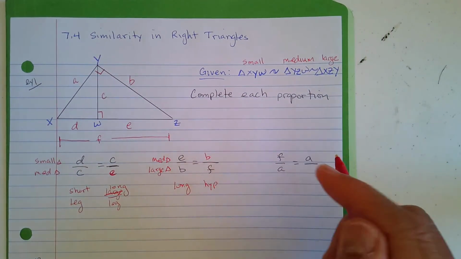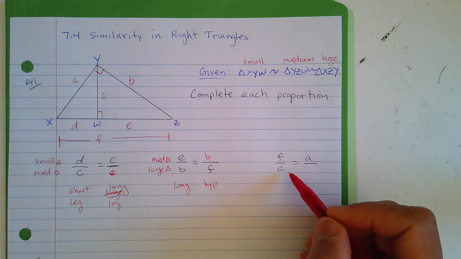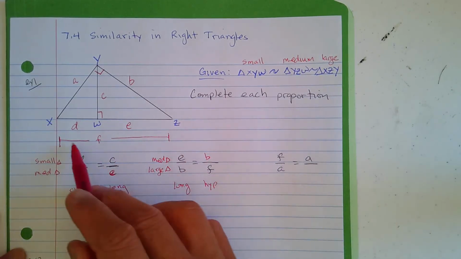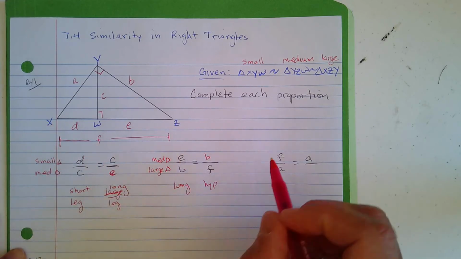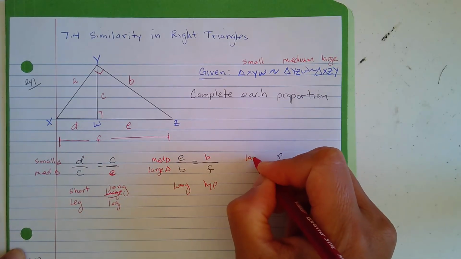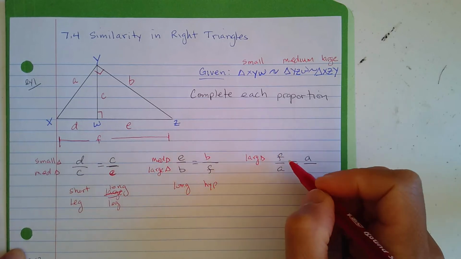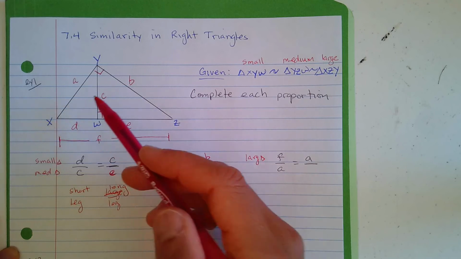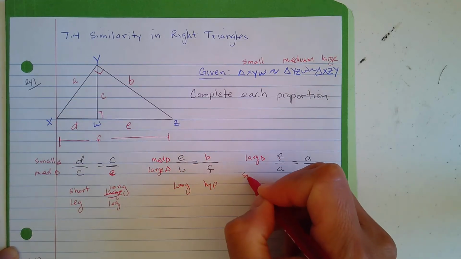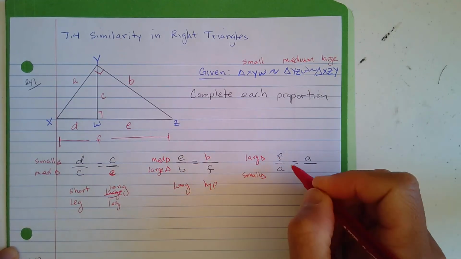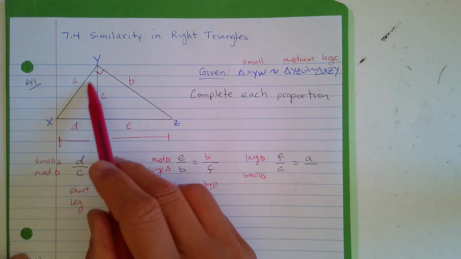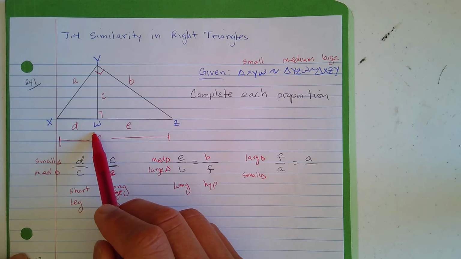All right, next, let's look at F to A. If we're looking at side F, we're looking at the large triangle. If you look at A, that is the small triangle. To be more specific, F in relationship to the large triangle is the hypotenuse.